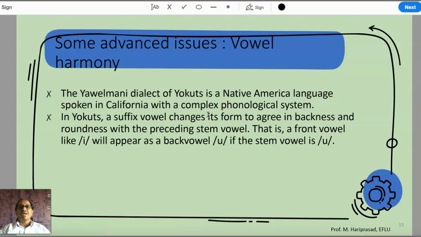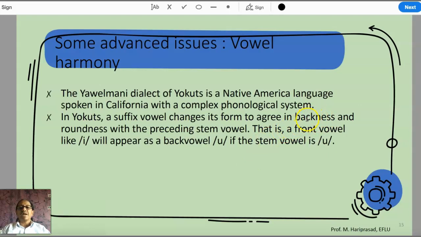So you have a back vowel like a, right? You have front vowel like e. You have learned this in phonetics. So backness and roundness. When a suffix vowel changes its form to agree in backness and roundness with the preceding stem vowel, you have a word with a vowel, and that suffix vowel changes to whatever the stem has.